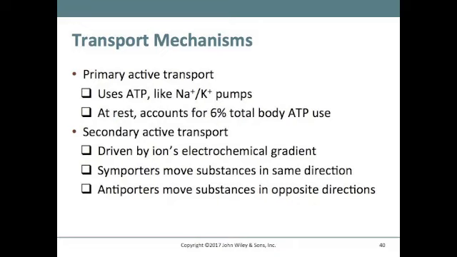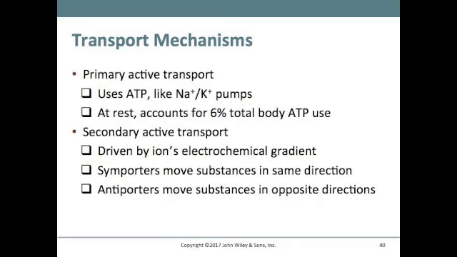If we look at this slide, we'll start with primary active transport. In primary active transport, the energy derived from the hydrolysis of ATP is used to pump a substance across a membrane. The sodium-potassium pump is one such pump.